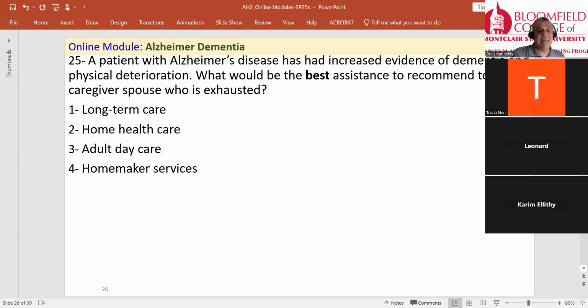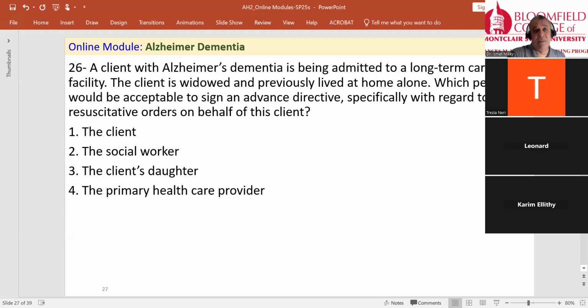Home health care is used when there is a supportive caregiver involved for patients with health needs. And homemaker services do not usually provide care for the patients, but more of just home services.